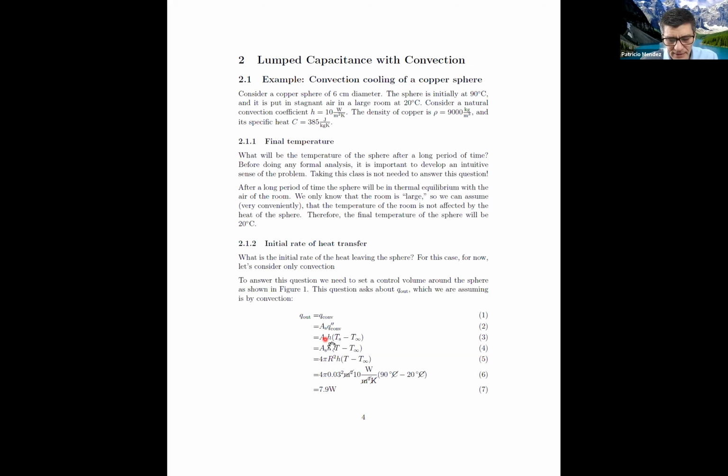That is that the heat loss is proportional to the difference between the surface temperature and the fluid temperature. And the coefficient of proportionality is h, the heat transfer coefficient. So up to equation 3 here, this is something very simple based on the equations we saw last week.